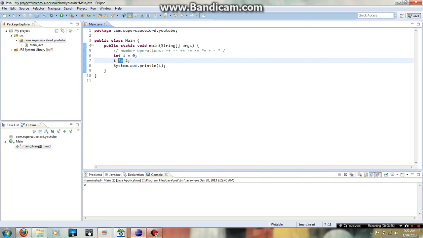Those aren't really used. I've never really seen divided equals or times equals in use. And then just the normal ones: plus, minus, times, divided by.